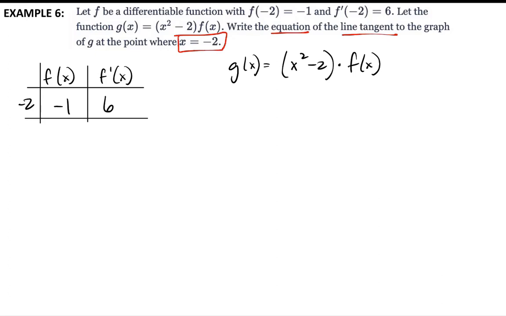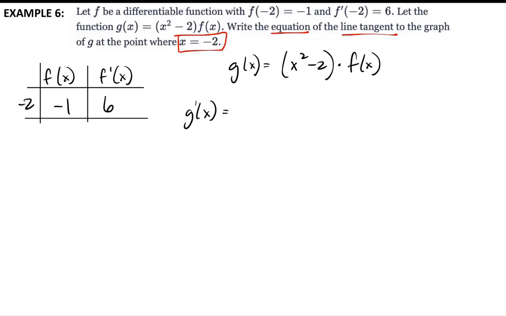That's what it means. Okay. So we're going to have to find the derivative of g. G prime. Here's the question here. Which rule are we going to use? Power, product, or quotient? Which rule are we going to use here to find the derivative of g?